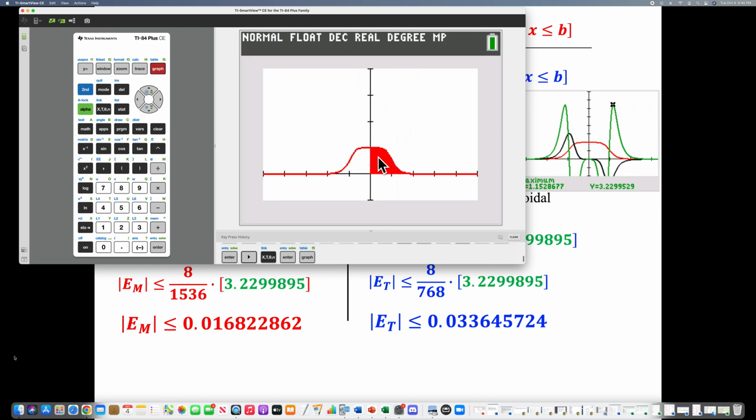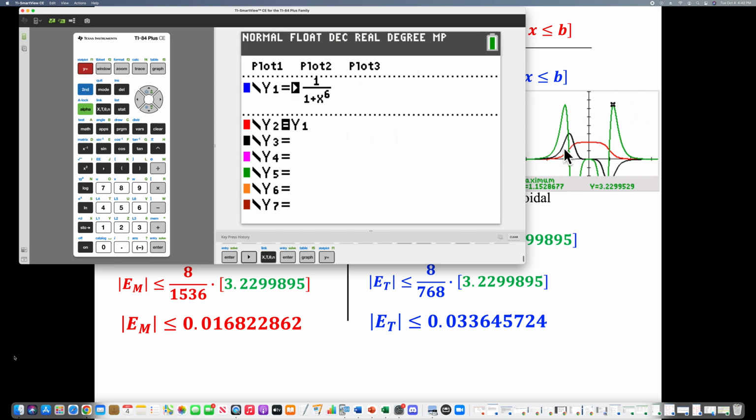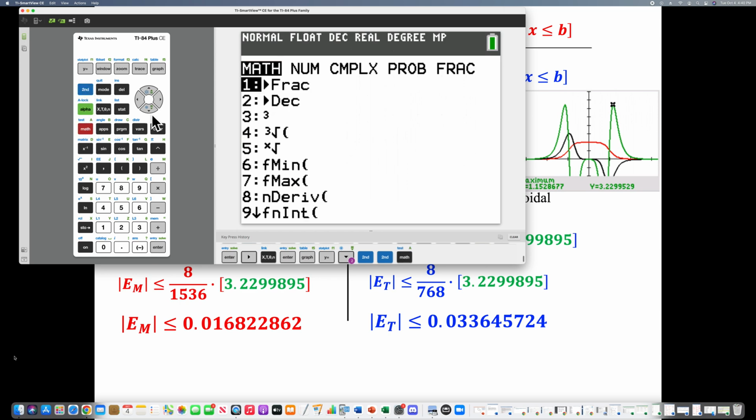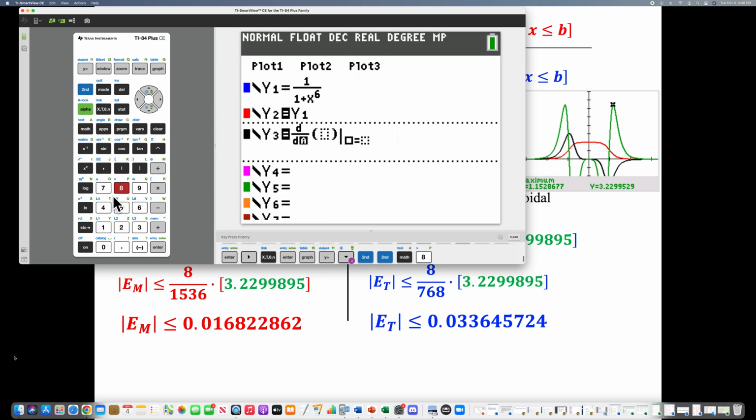So I'm going back to my graph. If I go to y equals, okay, let's see, the first derivative was in black, so I'm going to do this in y3. You can go to second, check, math, ask for the derivative, number 8. Okay, we're going to take the derivative with respect to x, and that's going to be an x as well.